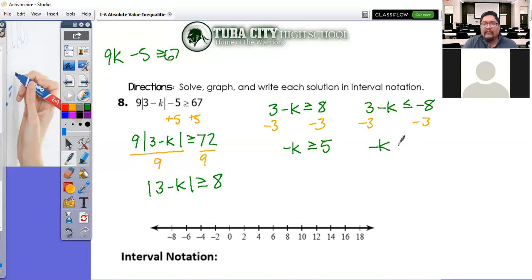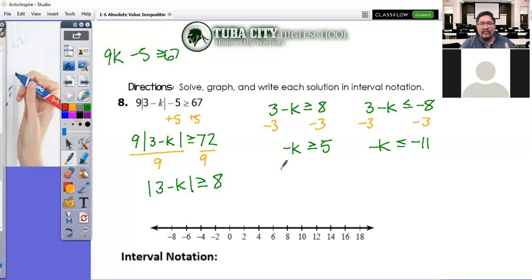That's going to tell you, okay, be careful because you are going to have to flip that sign, because in this case we're not solved yet. All right, we got to get rid of this negative off of the k. And in this case, I'm gonna do the 2 different things.